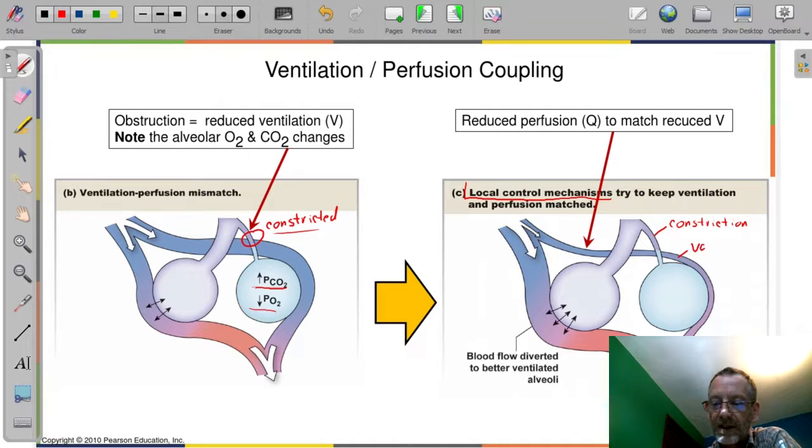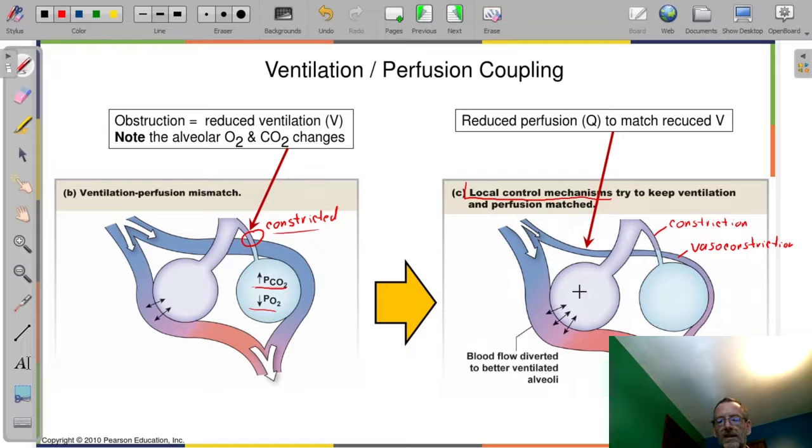So we have vasoconstriction. This is normal. Again, we're trying to match the ventilation to perfusion. So poor ventilation, poor perfusion. Don't send the blood to this area of the lungs where it's going to be ineffective. Shunt that blood somewhere else to where the exchange is still normal. That's the goal.